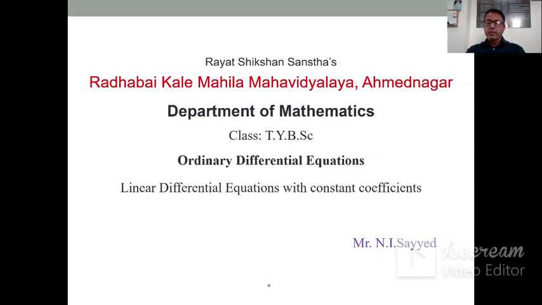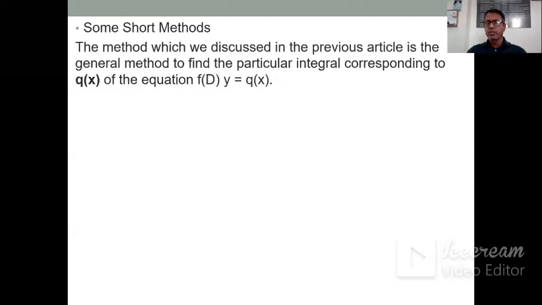Now here we want to see some short methods, means we want to see how to obtain the general solution of a given non-homogeneous differential equation if our q of x is a particular type of function, and this is a very effective method. The method which we discussed in the previous article is the general method.